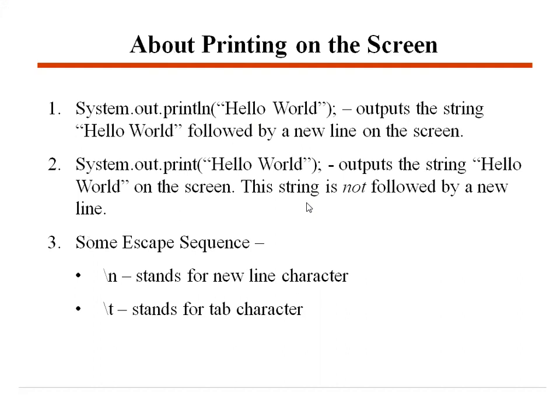You can also use \n, which stands for a new line character, or \t, which stands for a tab character. Or you can directly use ln in the print method, so that the next output will be displayed in the next line. I'll demonstrate the print method and println method.